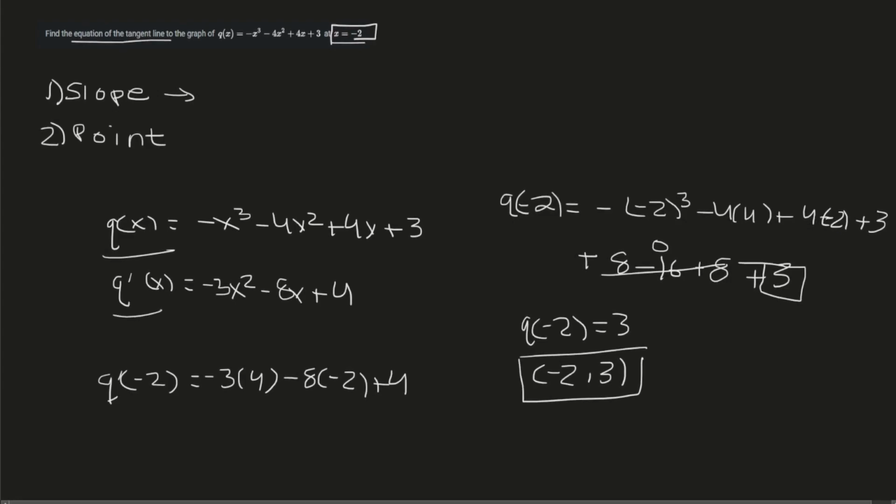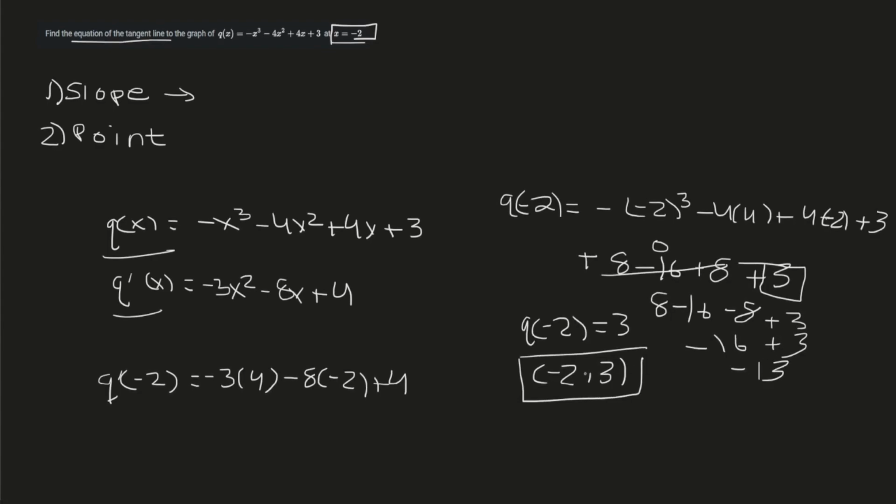This should be negative 2 here. So which will leave us with 8 minus 16 minus 8 plus 3. So it'll be negative 16 plus 3, or negative 13. Sorry about that. So it should be negative 2 comma negative 13 instead of 3. That is our point on q of x.